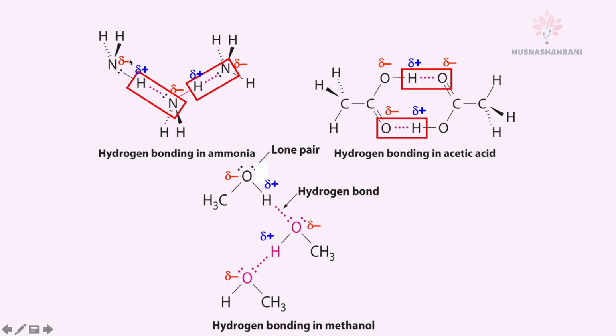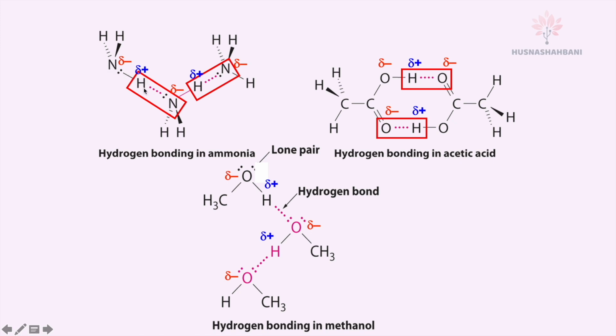Okay, in ammonia, the hydrogen atom is bonded to N. The hydrogen bond must be the hydrogen that is bonded to N, O or F, and the hydrogen bond will exist between that hydrogen and N, O or F of another molecule. So this is the hydrogen bond.